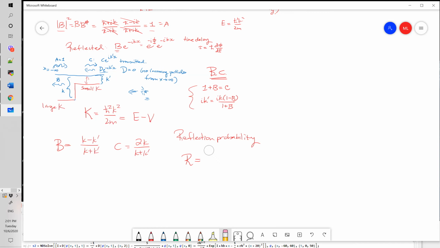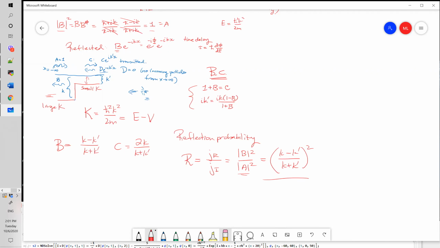You calculate the flux of the reflected portion divided by the flux of the incoming portion, and we know that the kinetic energy out here is the same. So all this is just the magnitude of b squared divided by the magnitude of a squared. This is just, we set to 1. We can always do that normalization. So we just get k minus k prime over k plus k prime, squared.